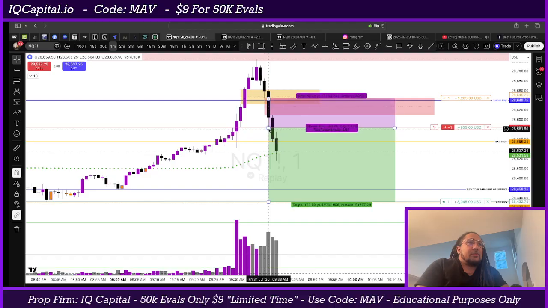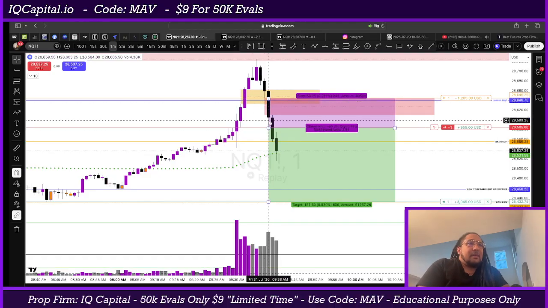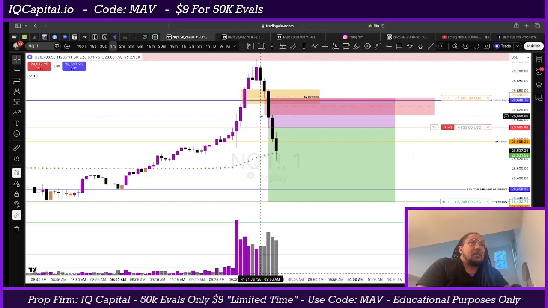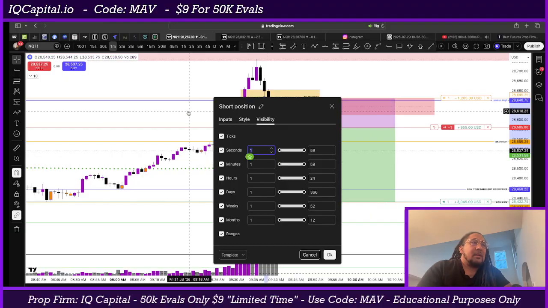Usually when you place your sell stop at the end of a wick, so this candle came down and it retraced up before it closed, ending up closing here. So when this candle came down, stopped here, came back up and closed here, that tells me that if it comes back down to this area, it'll most likely continue down.